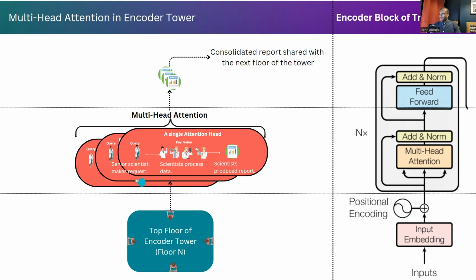So what the senior scientists will do on a given floor, so let's say we've processed the data at the top floor, and now we're on the floor beneath that, where all of these boffins, these scientists, are looking at that data, and the senior scientist makes a request about that data to the team of scientists. The senior scientist might say something like, we need to look at pressure, temperature, and so on.